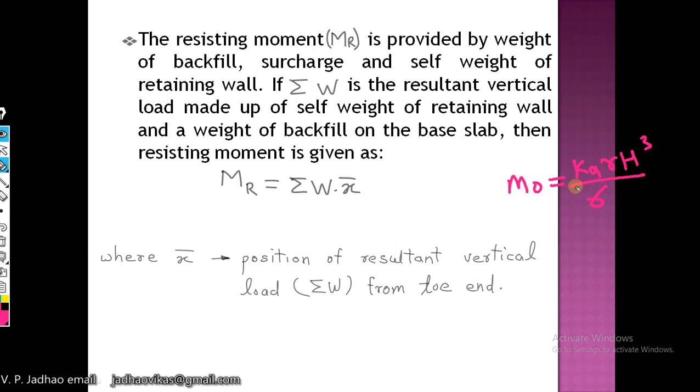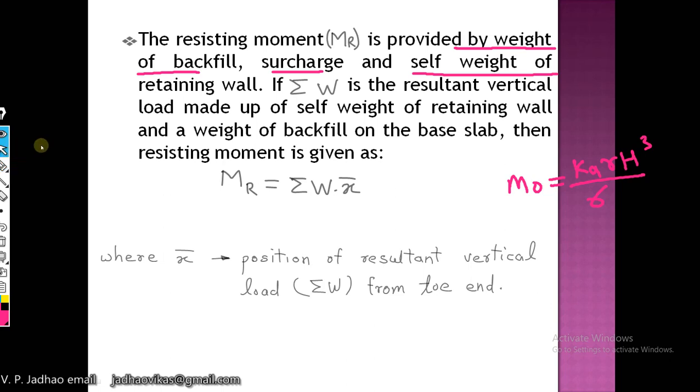At the same time, some resisting moment will be developed due to the weight of your backfill. The first portion developing the resisting moment will be the weight of your backfill, then the surcharge and the self weight of the retaining wall.